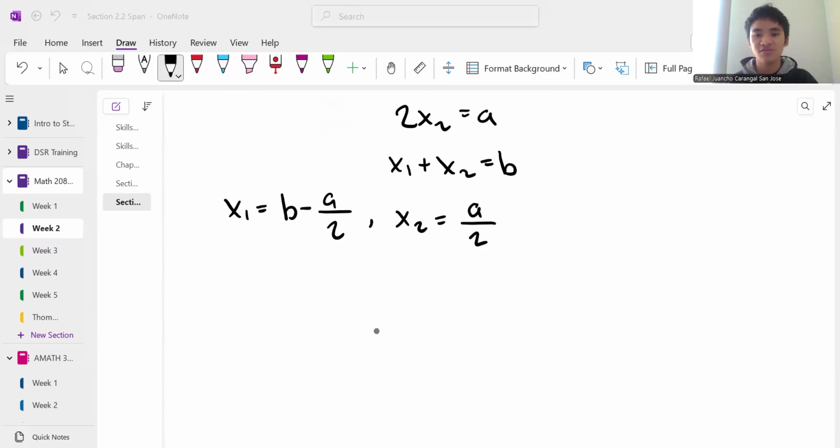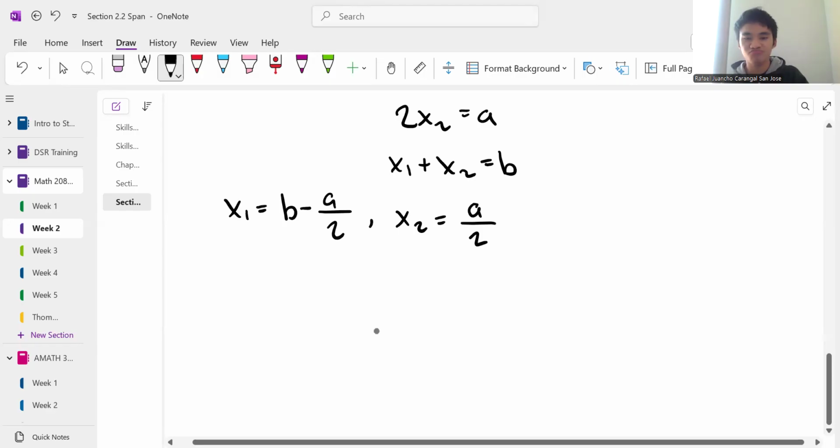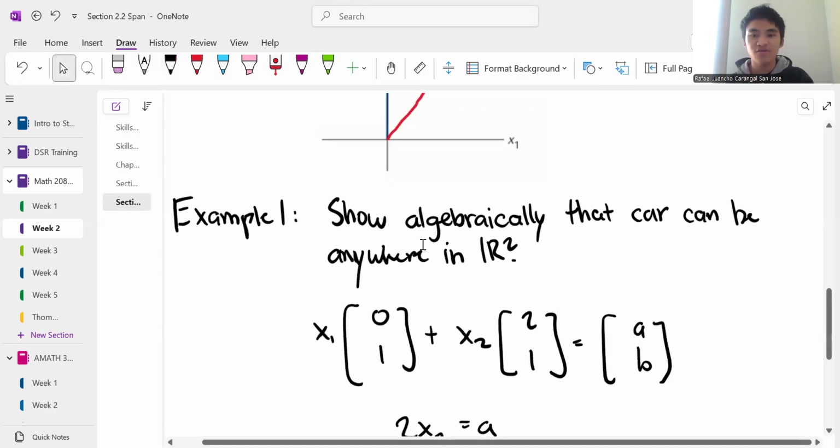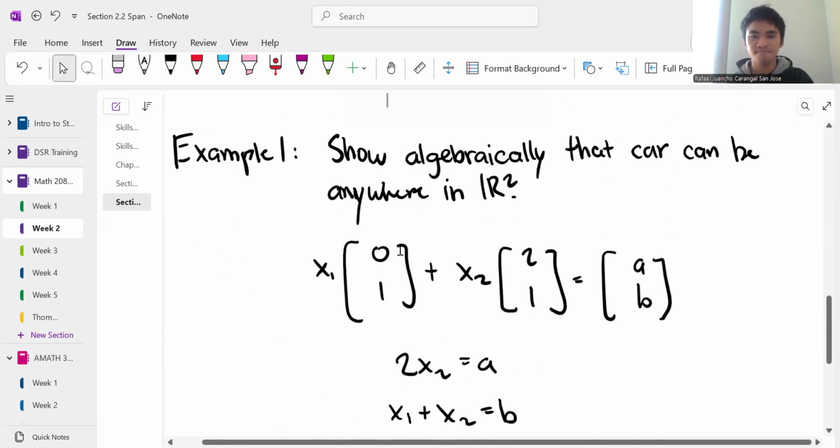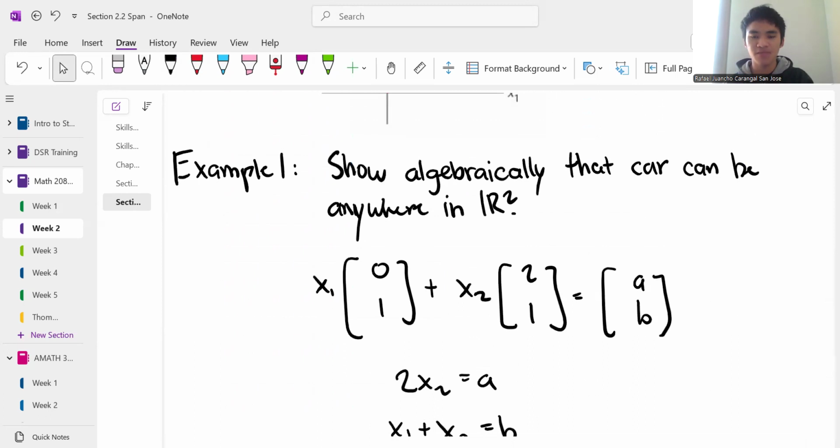So that's the unique solution. And so we now know exactly how to find scalars x sub 1 and x sub 2 in order to reach any point A and B, right? So this is a unique solution. So this car can go everywhere in R2 basically, right? I hope that made sense.